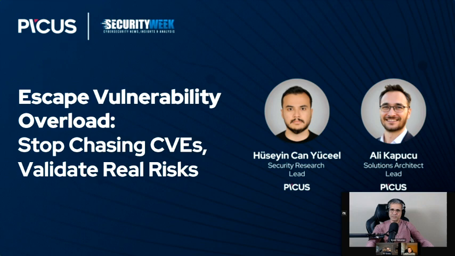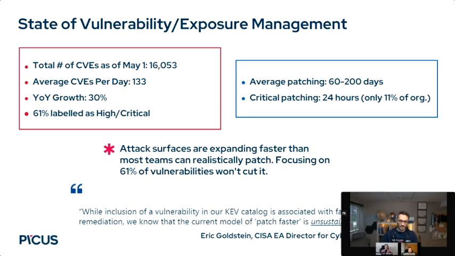Yeah, I can take that. That's a great question. When you look at the vulnerability landscape we are dealing with today, vulnerability management is not sustainable in the current state. As of May 1st this year, we have already seen 16,000 CVEs disclosed, and think about that for a moment.